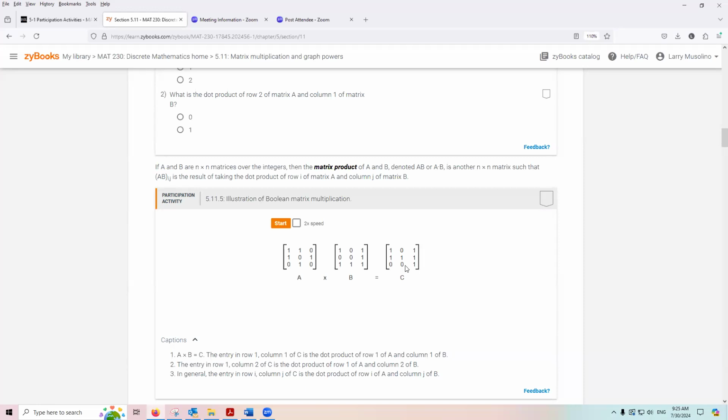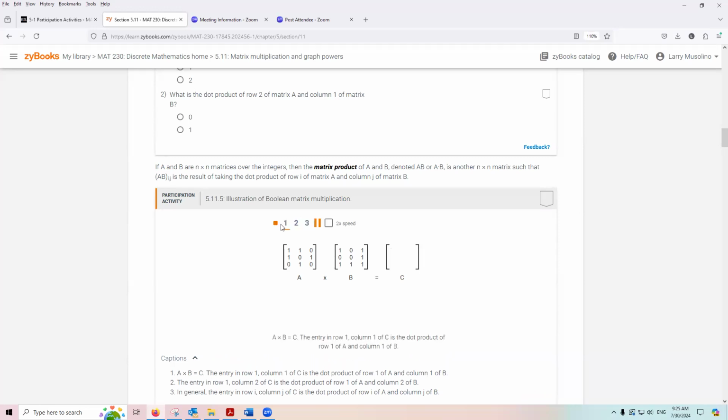And maybe I'll start the animation on this example so you can see it in action. Notice what they're going to start here is they're taking the first row times the first column. Okay, and they put that answer in the first position in matrix C.